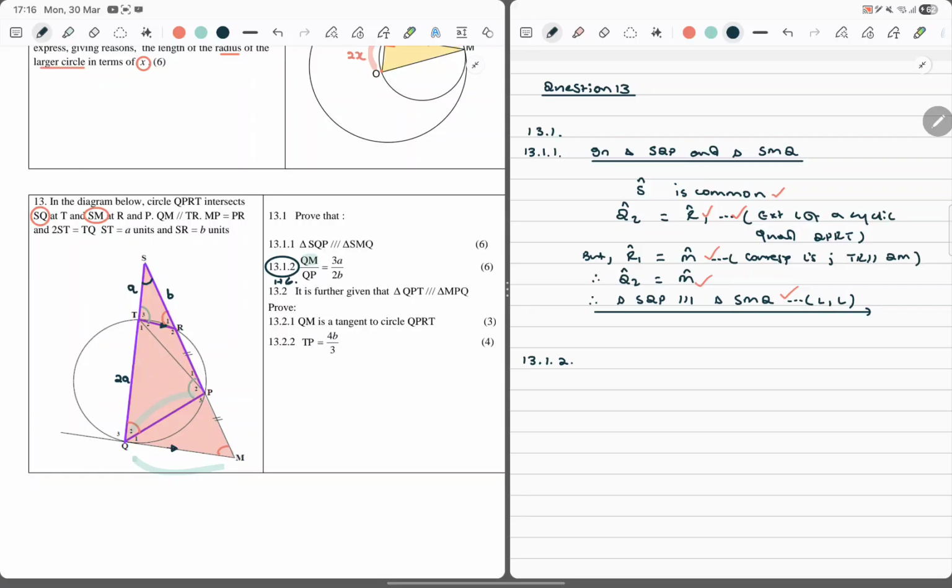So let's get to business, guys. We can decide to work on the big triangle alone, because in the big triangle we've got TR drawn parallel to that side. That means those sides are cut in the same proportion, so to speak. We can play with that and see what happens. We're going to say in triangle SQM.